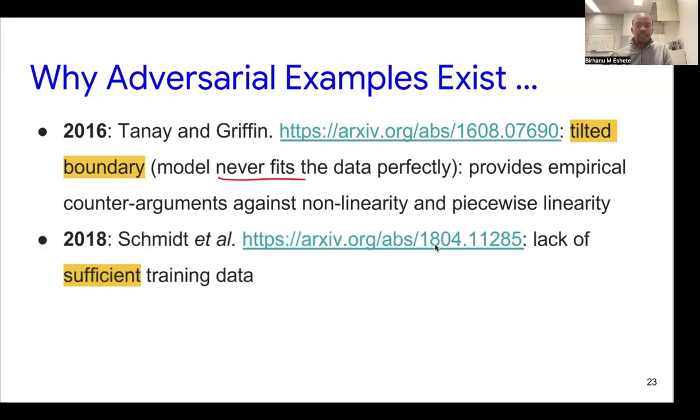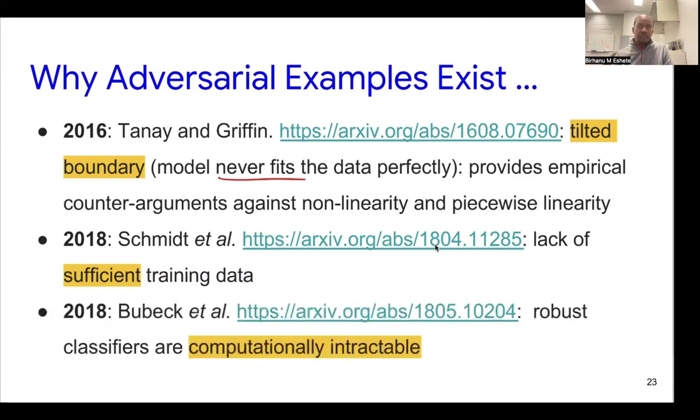In 2018, there was an explanation that goes well with the theory in 2016, which talks about a lack of sufficient training data that would imply the presence of adversarial examples.